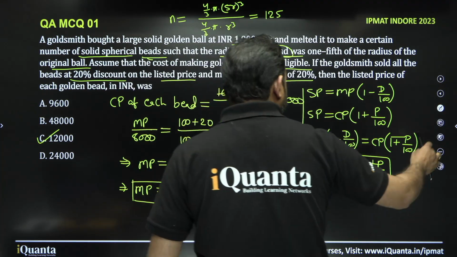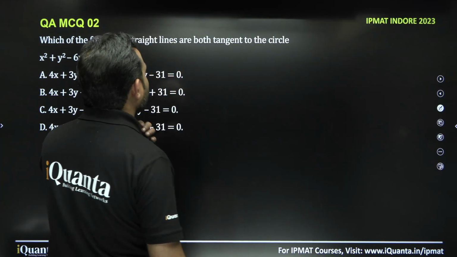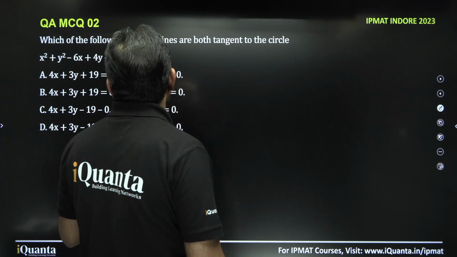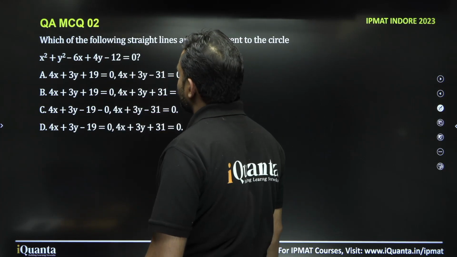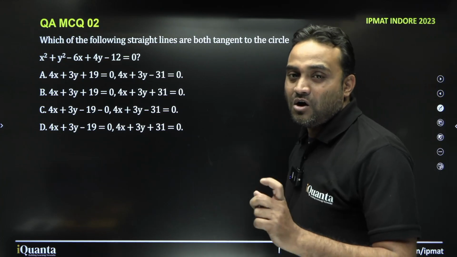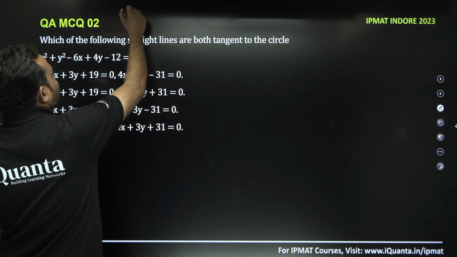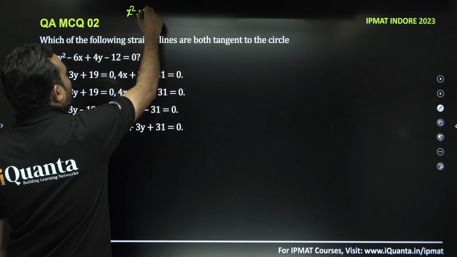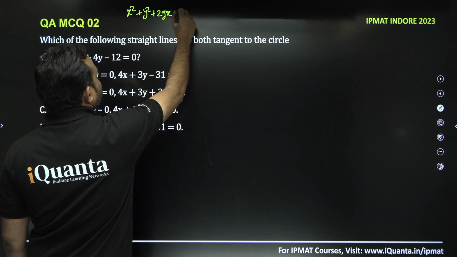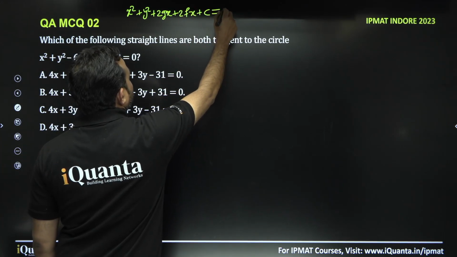Okay. Now, next question, it says which of the following straight lines are both tangent to the circle? So this is the circle. The equation of a circle is given as x square plus y square plus 2gx plus 2fy plus c is equal to 0.